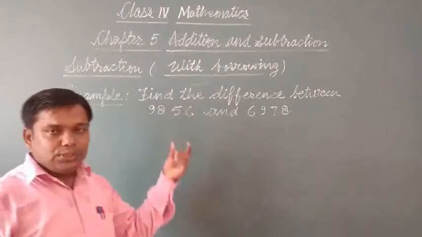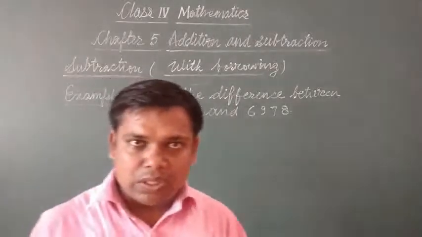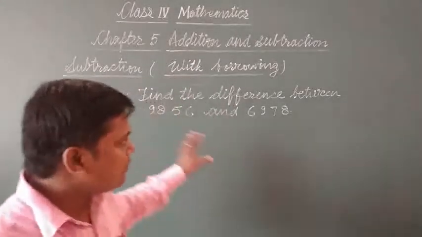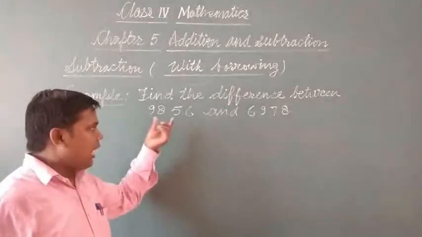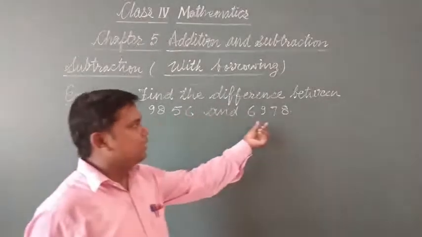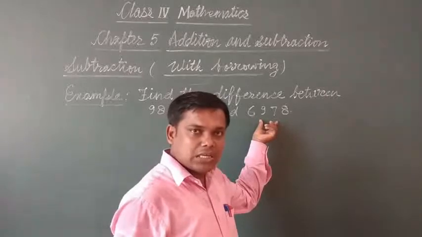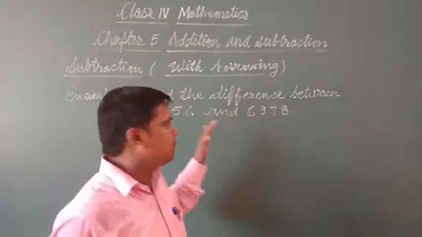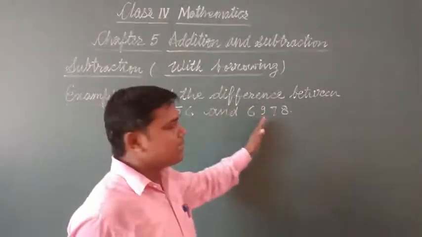Dear students, you will always subtract a smaller number from a bigger number. If this kind of question is given to you, as you are seeing, this is the bigger number and this is the smaller number. So we will always find the difference from this minus this.